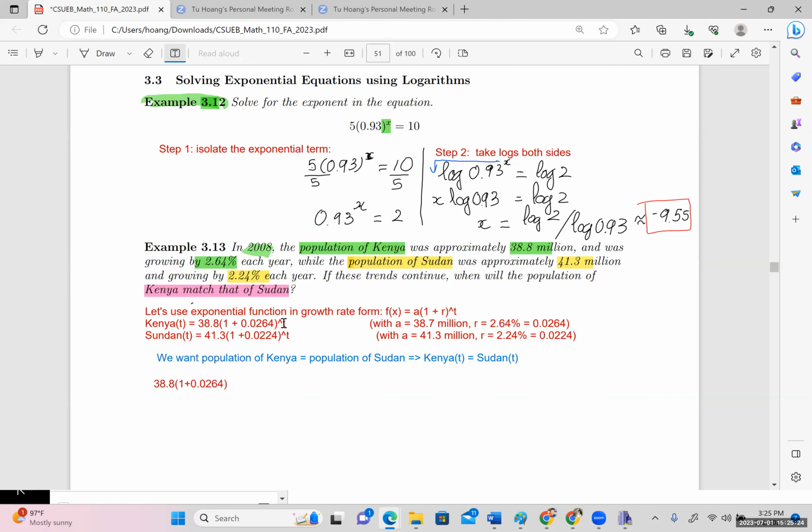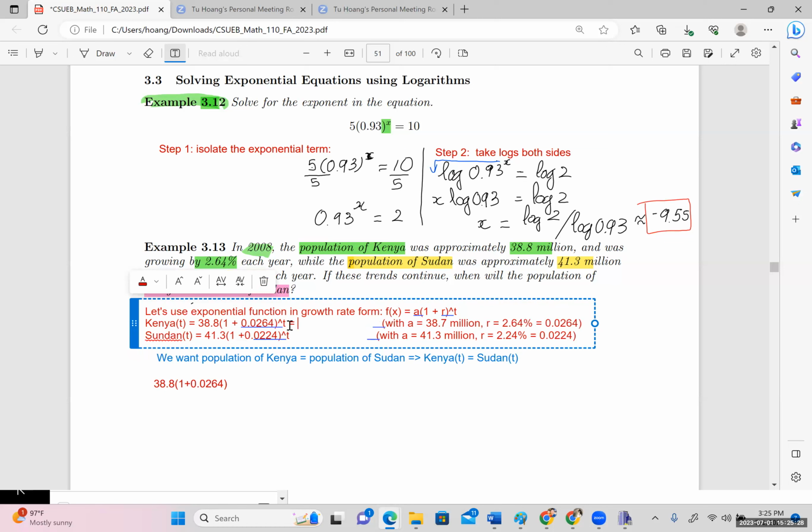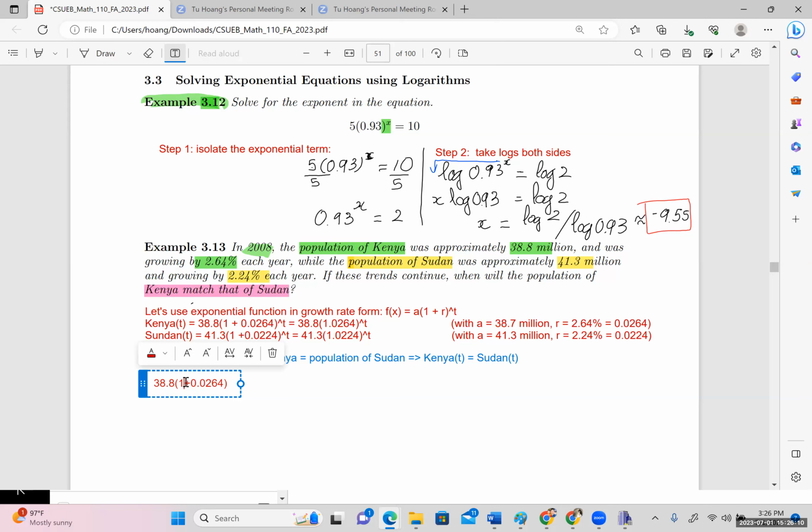Actually, I'm going to simplify this to 38.8 with 1.0264 raised to t, and this one will be 41.3 with 1.0224 raised to t.